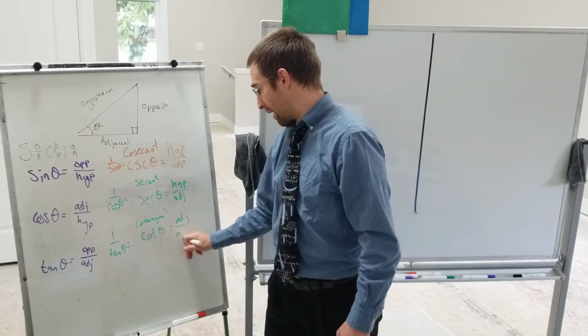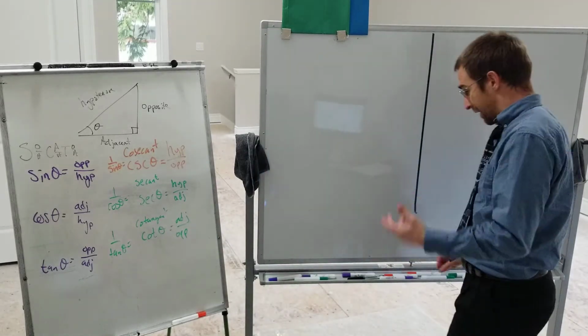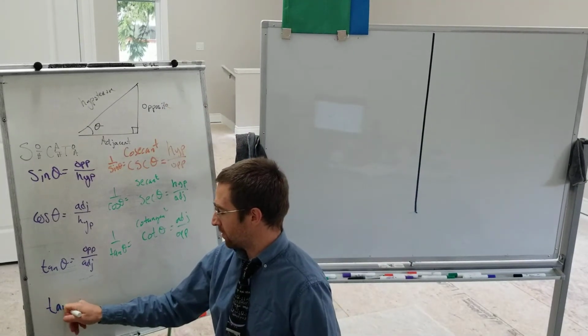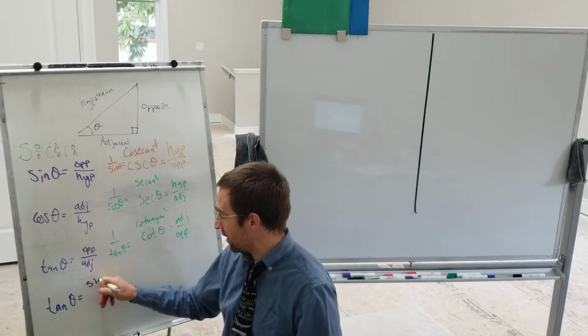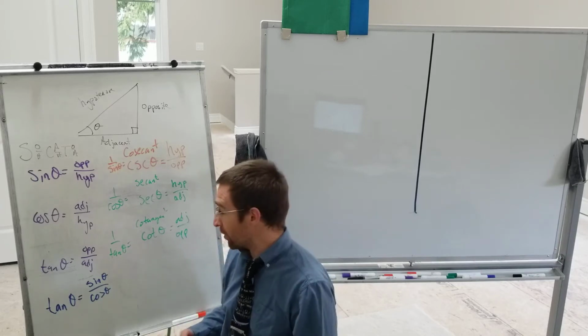Adjacent over opposite. A couple other noteworthy things that I'll take note of: the tangent of a number is the sine of that number divided by the cosine of that number. So sine over cosine, right?